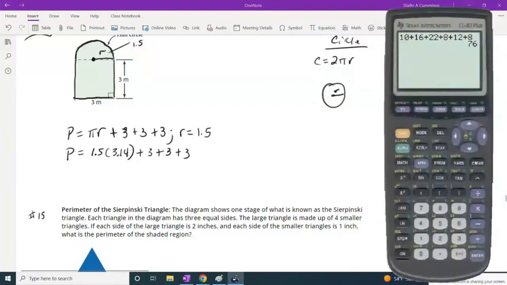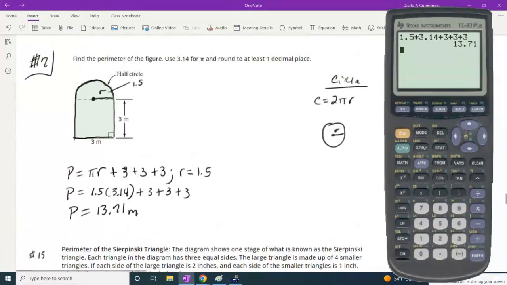And now if I just simplify this on my calculator, I have 1.5, which is the radius of the semicircle, times 3.14 plus 3 plus 3 plus 3, and we get 13.71 meters as the perimeter.